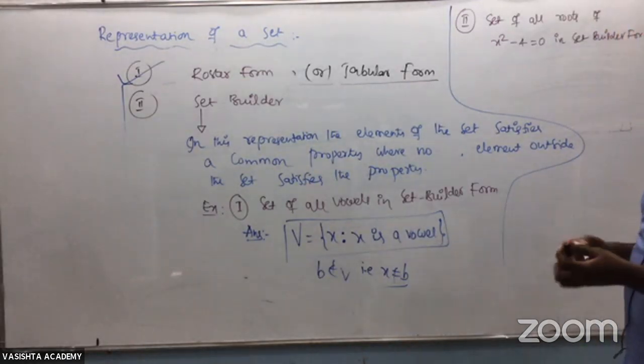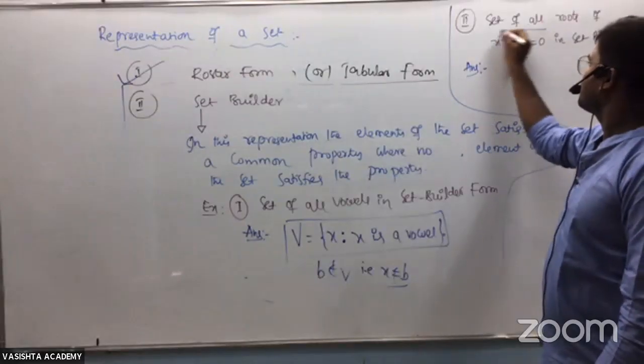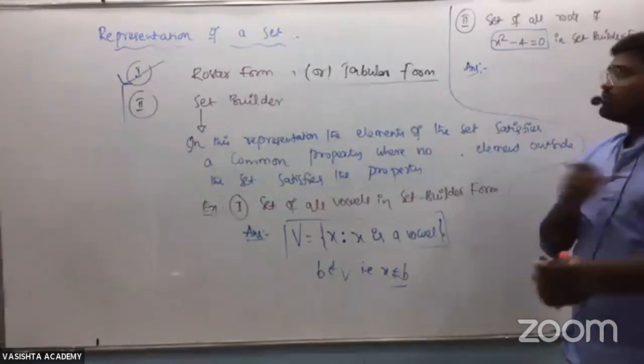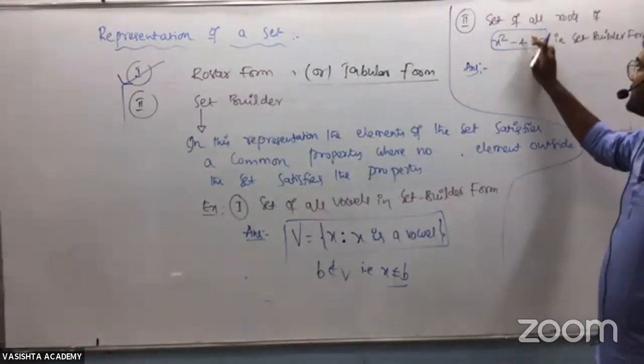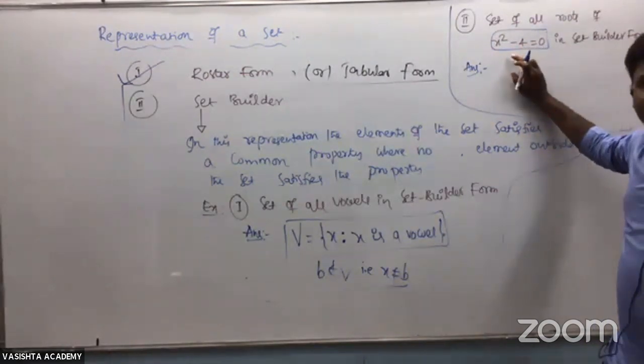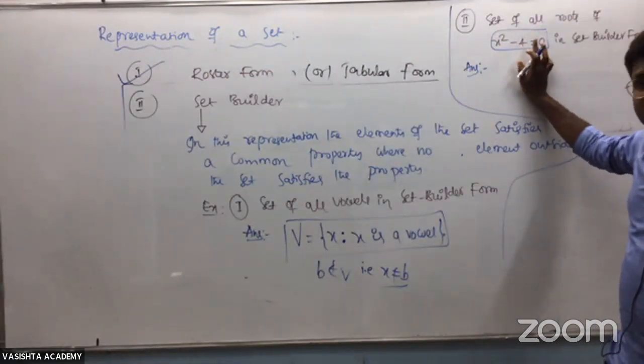So what will be the answer again? Here we are given the property. What is that property? x square minus 4 equals 0, right? So every element of this set will satisfy this property. What is the condition? x square minus 4 equals 0.